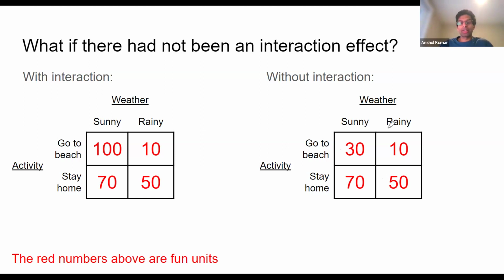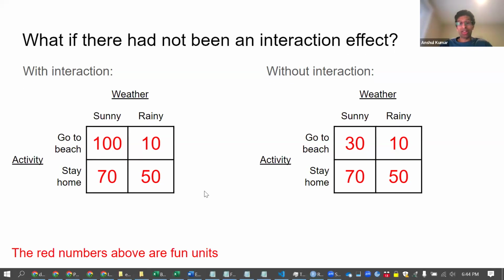Now let's look at this same scenario on a rainy day. On a rainy day, if we switch from staying at home to going to the beach, we move from our initial 50 fun units down to 10. So in both columns, whether it's sunny or rainy, if you choose to move from staying at home to going to the beach, you decrease your fun by 40 units.